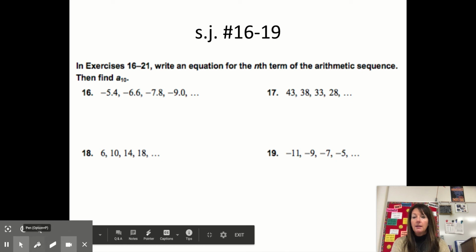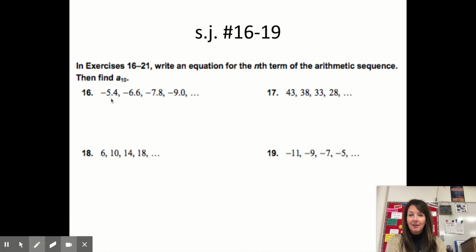So we are going to try a couple of those. All right, on this first one, we're going to look at what's happening. One thing, if you're using a calculator, because it's decimals, you could put in negative 6.6 and then subtract the negative 5.4. And what you'll see is that the common difference is negative 1.2.